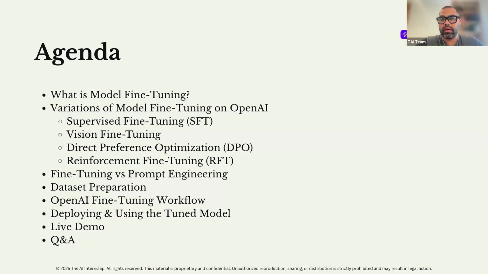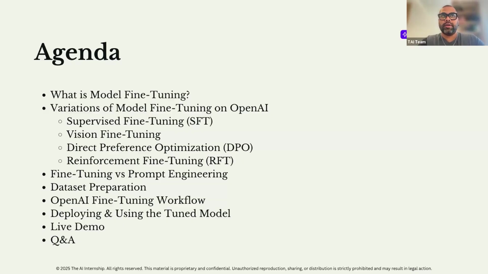There are quite a few variations: supervised fine-tuning, SFT; vision fine-tuning, which is for vision models; direct preference optimization, DPO, which is widely used, for example I think even DeepSeek's fine-tuning used this method; and reinforcement fine-tuning, which is used in very high-stakes environments like medical and legal domains.